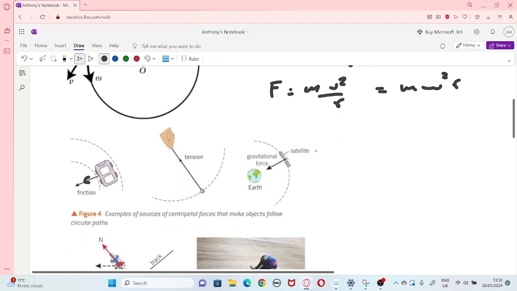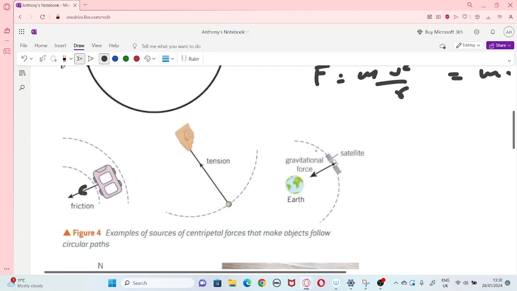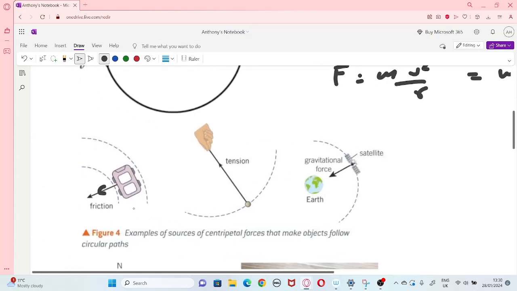Moving on to the different scenarios. So you can have friction, a car going around a circular path. Friction will act towards the center, so friction is our centripetal force in this case. If you've got a string and an object at the end of the string, and it's spun in a horizontal path, tension will be our centripetal force because it's acting towards the center.